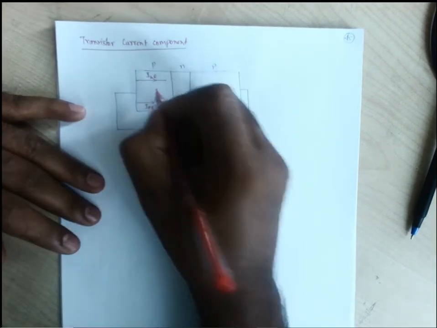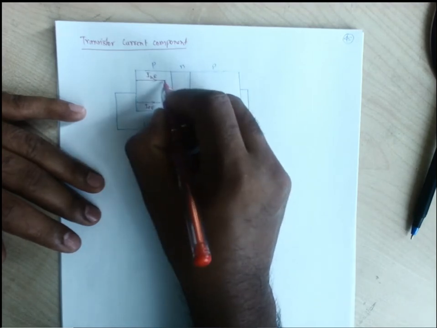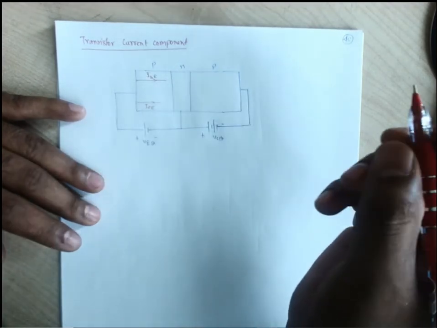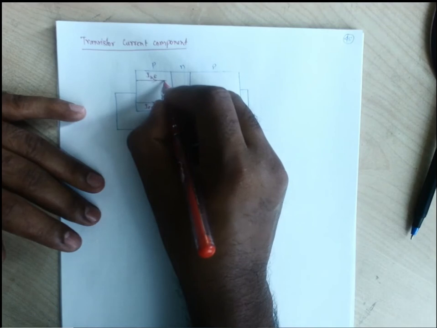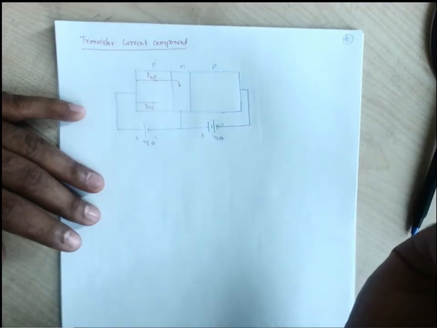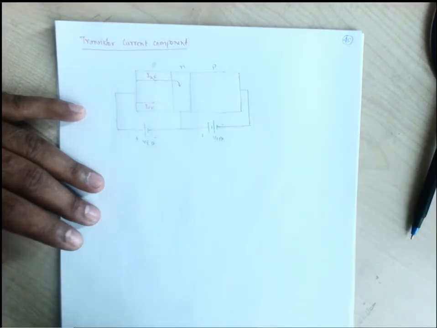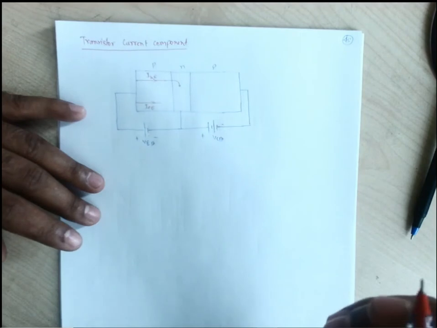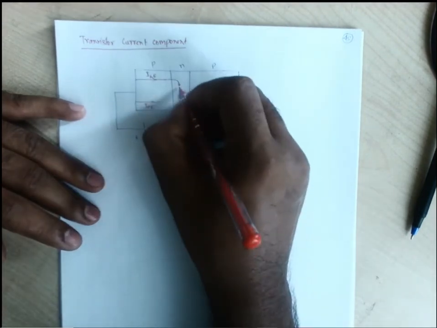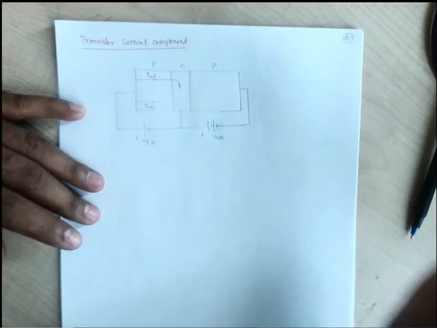Now coming back to the main stream of the current, that is the hole movement. When these holes reach the base region, they will have certain recombination with the electrons of the base region. So some current will flow in this direction because holes will recombine with the electrons.